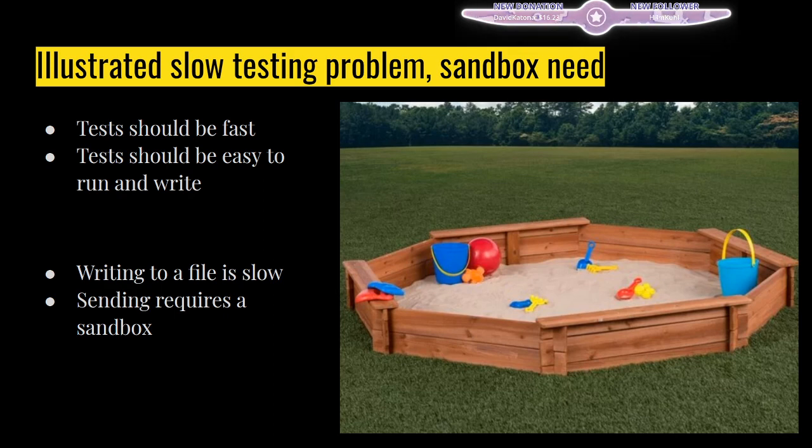What are other problems other than being very hard to test? Another problem is that it's super slow. As I said, writing to a file is slow, sending an email may be fast, but it's hard to set up. So slow and hard to set up again, beyond just code. Those are another two problems for integration tests.